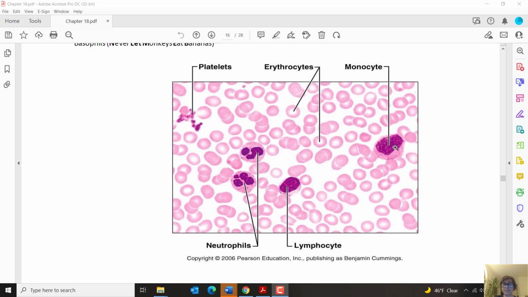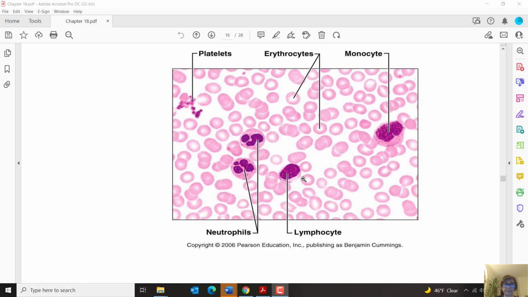These are the biggest leukocytes, and they look kind of dumbbell shaped. These monocytes are notoriously known for becoming macrophages. In some slides, you can see them with irregular plasma membrane. They have become macrophages. These little fragments of cells are called platelets.